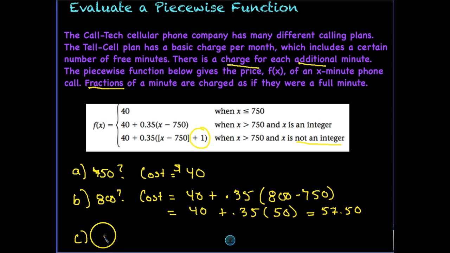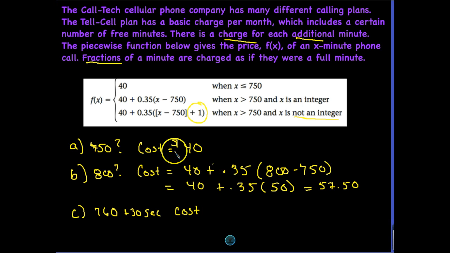So let's do one final example. Let's say we talked on the phone for 760 minutes and 30 seconds, so 760.5. Let's figure out our cost for that. In this situation, we would use our third equation because 760.5, right, 30 seconds is half of a minute, is not an integer.